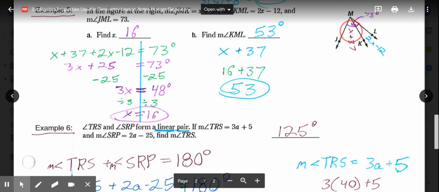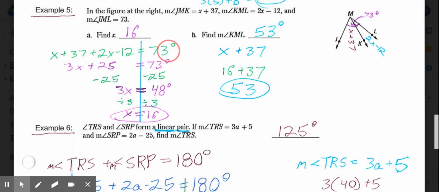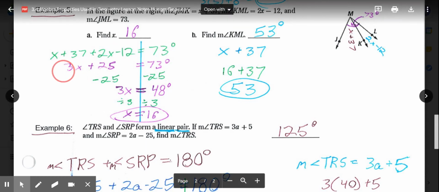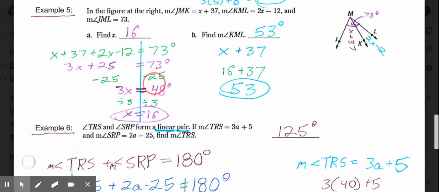So I know that angle JMK plus KML added together equals 73. So I can take x plus 37 plus the 2x minus 12 and set that equal to 73. Combine like terms on the left, and we have 3x plus 25 equals 73. Subtract the 25, divide by 3, and x equals 16.